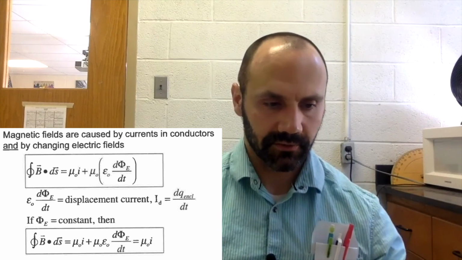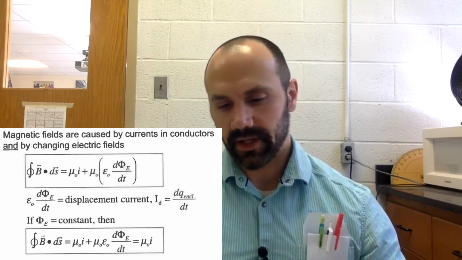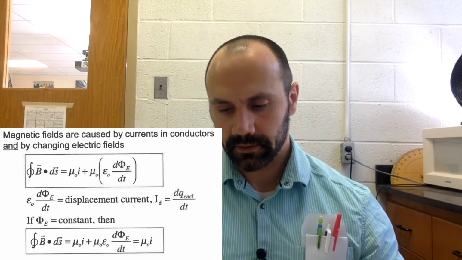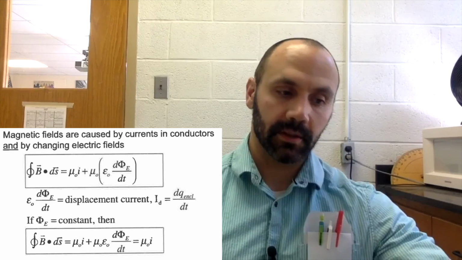There's the generalized version of Ampere's law, that if I have a changing electric field, then that also creates a magnetic field, and that's what happens in light. In light, you have a changing electric field, and then that also induces a changing magnetic field, and so light is an electromagnetic wave. And that is it for chapter 29.